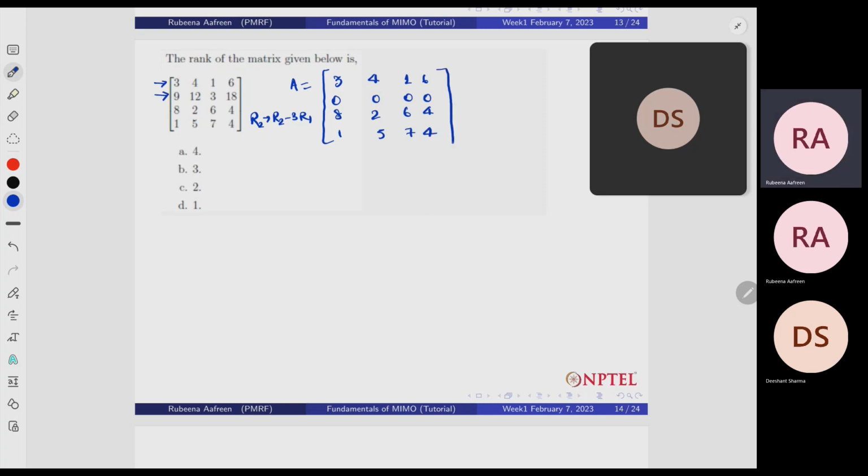So from here you see that no other matrix manipulation is possible. One row is 0. So for this matrix, the rank is 3. But for your better understanding, I will briefly explain what you have to do in the row echelon form.